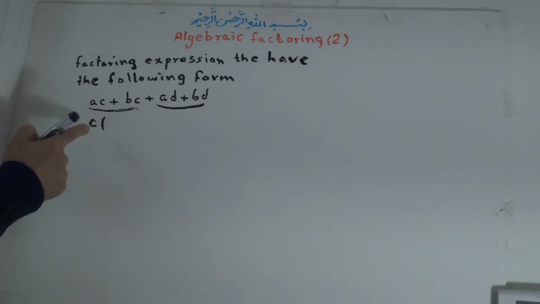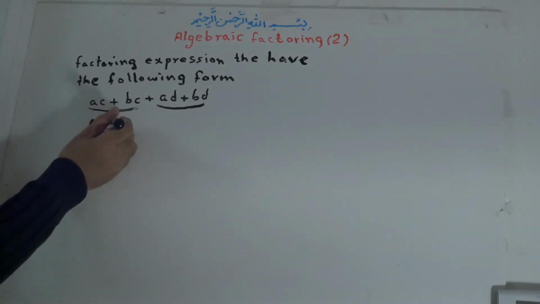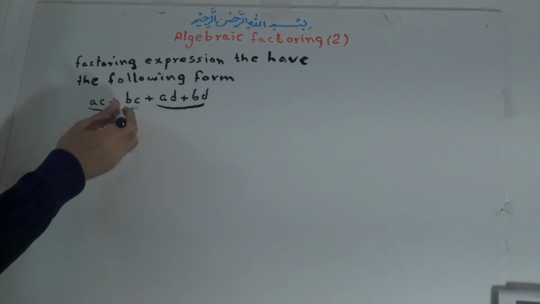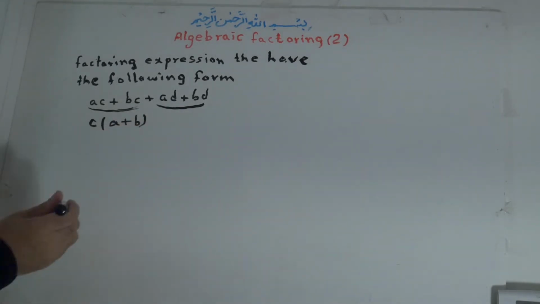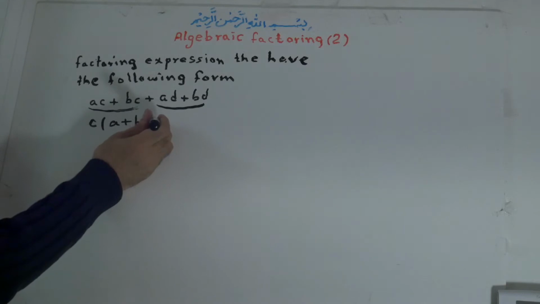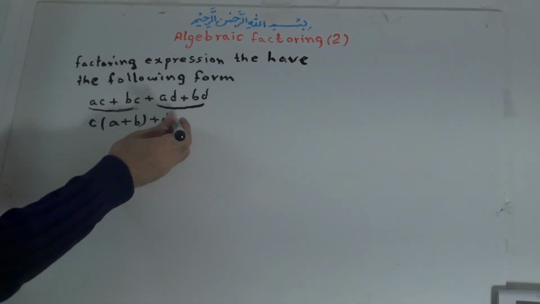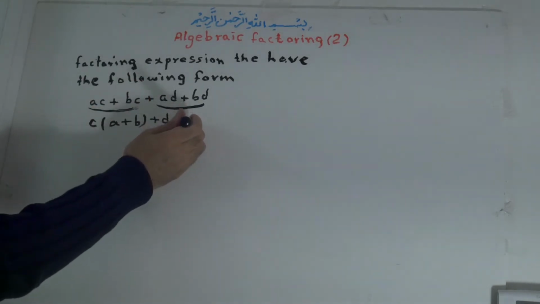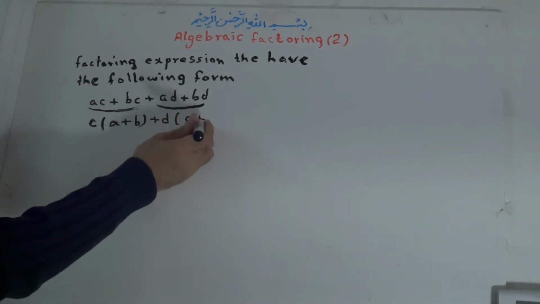It is A. Now the term, A plus, and BC, C is out, B. In these two, the common factor is D. We take the common factor outside, then here remains A plus B.